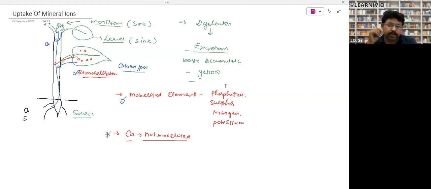Make the diagram and let me know, then I will dictate. And note down which are the mobilized elements and which are not mobilized elements. There will be one marker question for you.